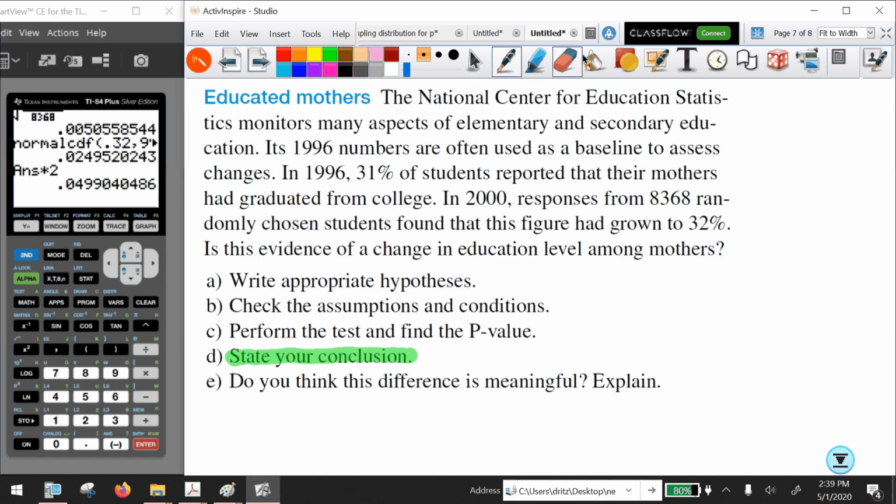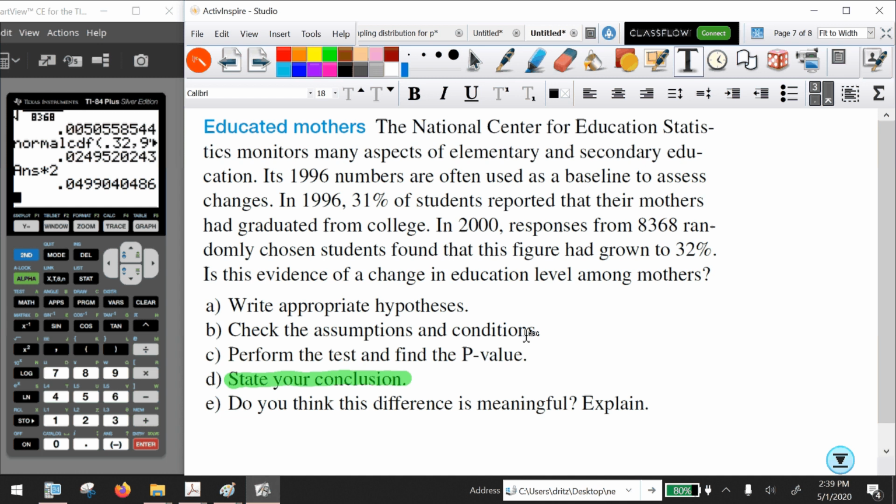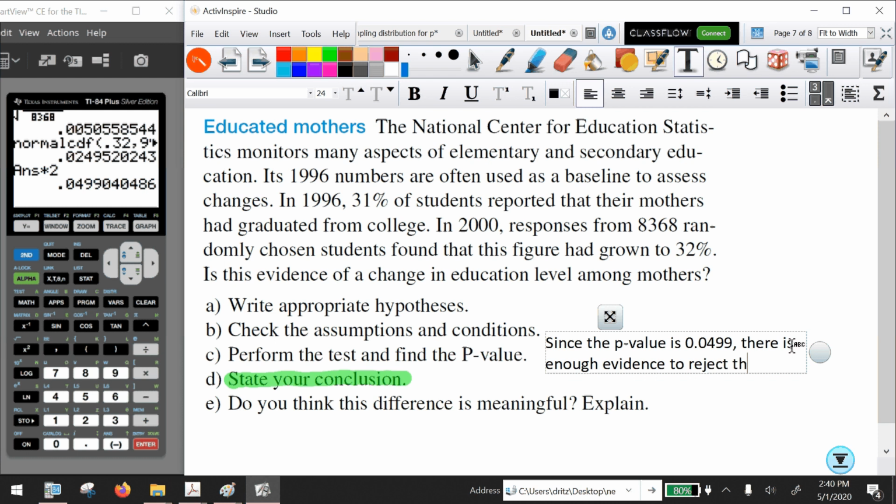So state your conclusion. I'm going to state that that's enough evidence to reject the null hypothesis. Since the p-value is 0.0499, there is enough evidence to reject the null hypothesis.